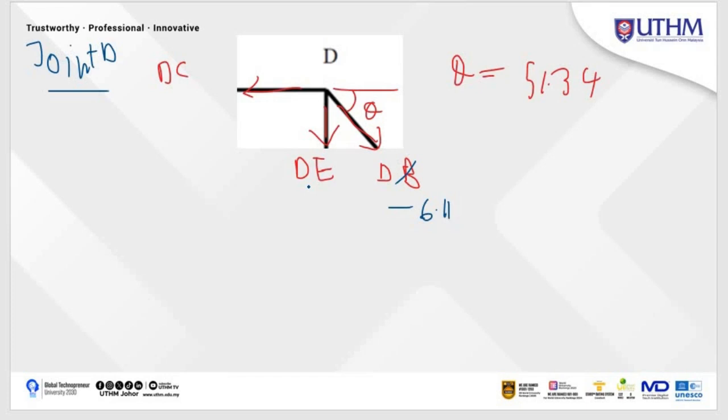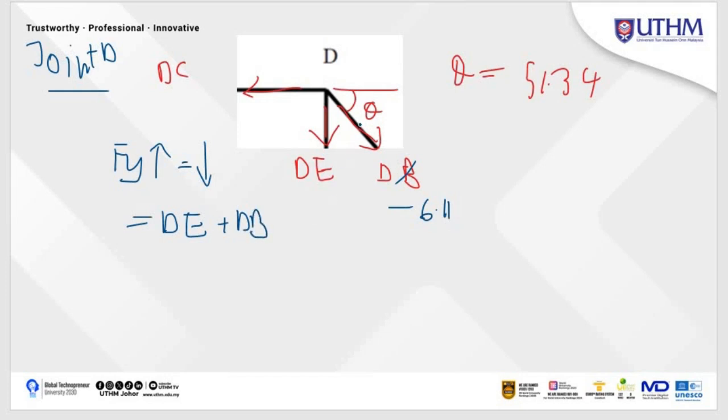If you look here, both DC and DE don't involve the angles. We can start with Fy or we also can start with Fx. If we start with Fy, upwards equals Fy downwards. So here we have downwards DE, and also we have DB.